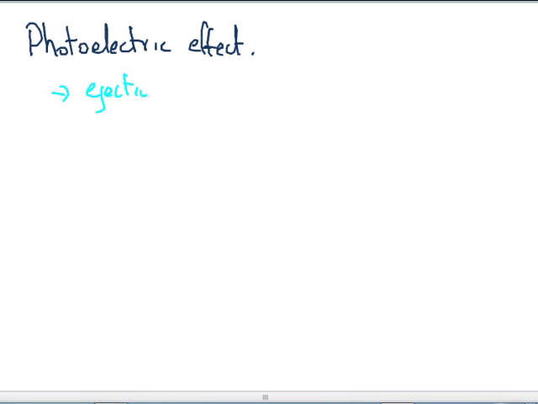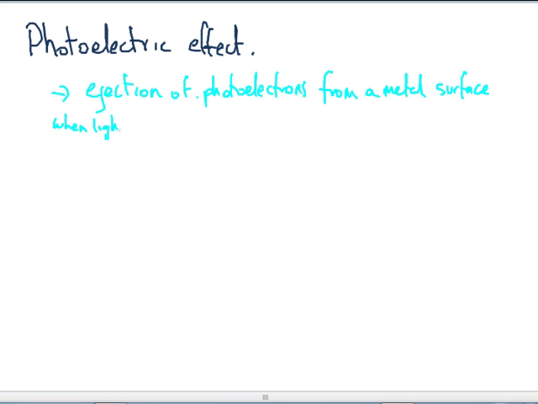That's the ejection of photoelectrons from a metal surface when light of a high enough frequency shines on it.